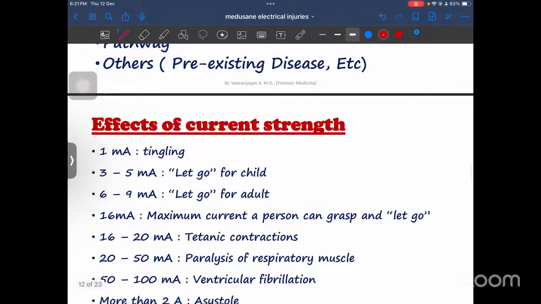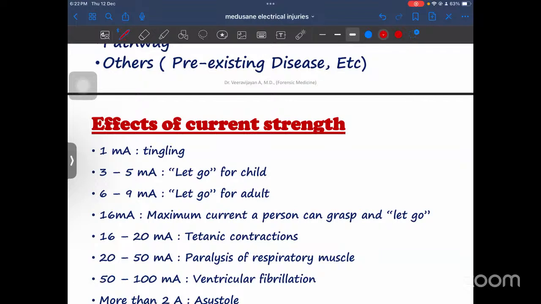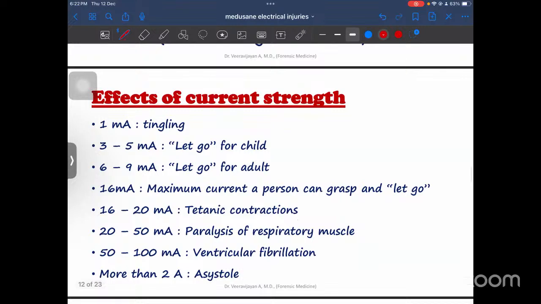With this current strength, there are certain points to remember for your MCQs. That is, 1 milliampere of current will cause tingling, or sometimes it is not perceived by the individual. So it won't produce any effect. Then 3 to 5 milliampere current will produce let go effect in children.